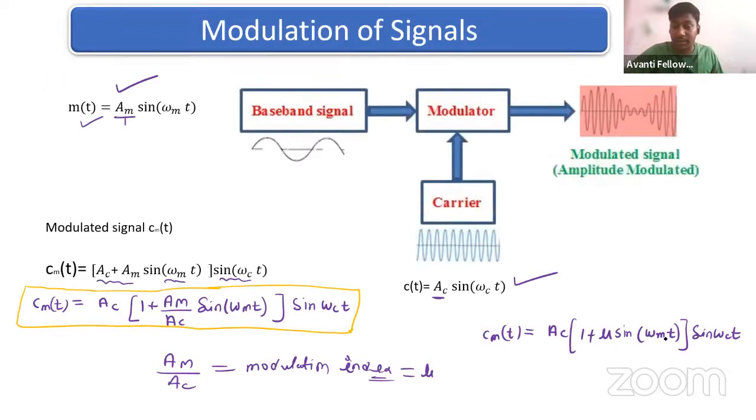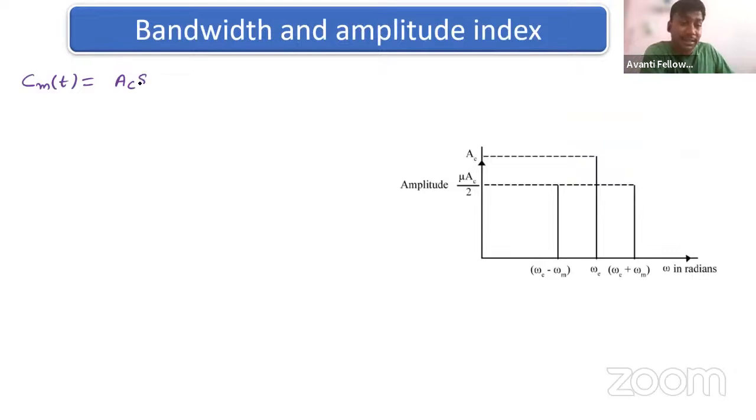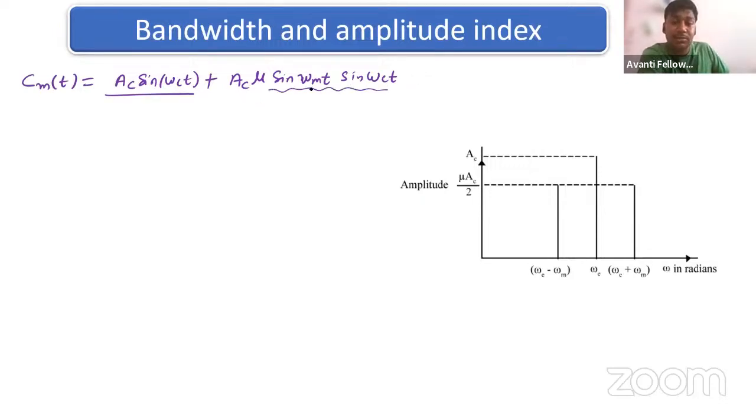Now you can see here, this is the carrier wave and this is the superimposed wave, omega m t and omega c t.